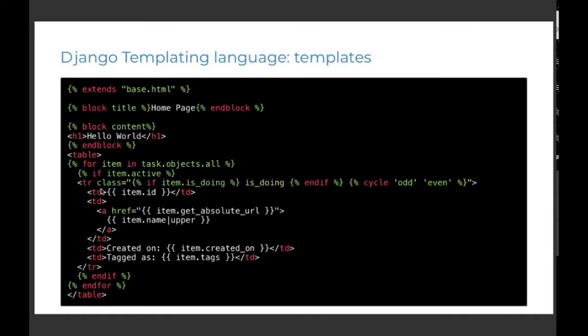And then I would have cells that would contain the ID, the URL, a link wherein the string there is the item name in all caps, and then we have our created on and all the tags. Okay, so this is an example.